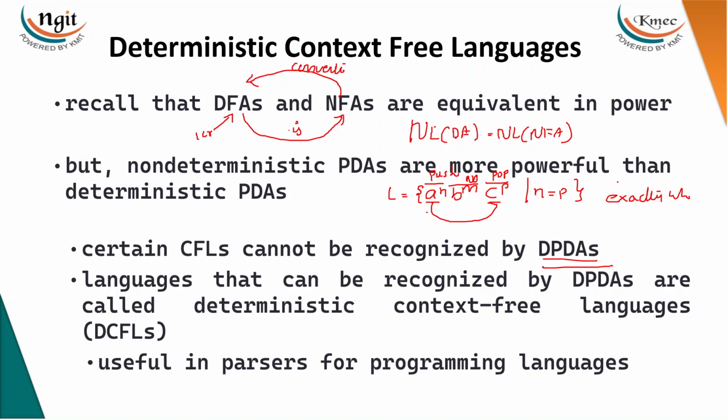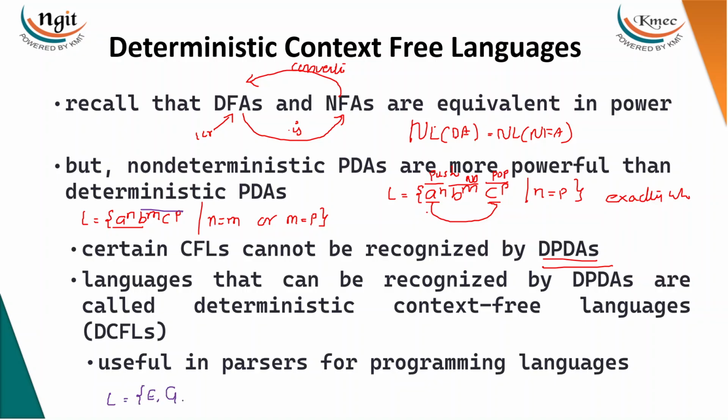Deterministic means exact. But take another language like this: L equals a^n b^m c^p such that n equals m or m equals p. In some strings a and b are equal, in some strings b and c are equal, right? For example, I can take epsilon, where all are equal.